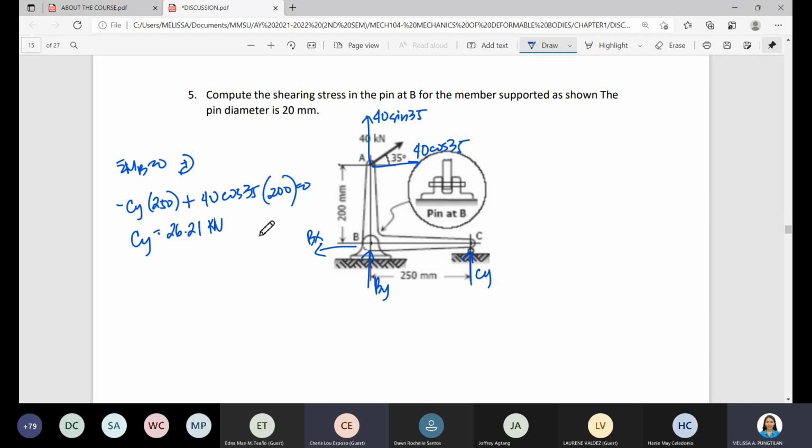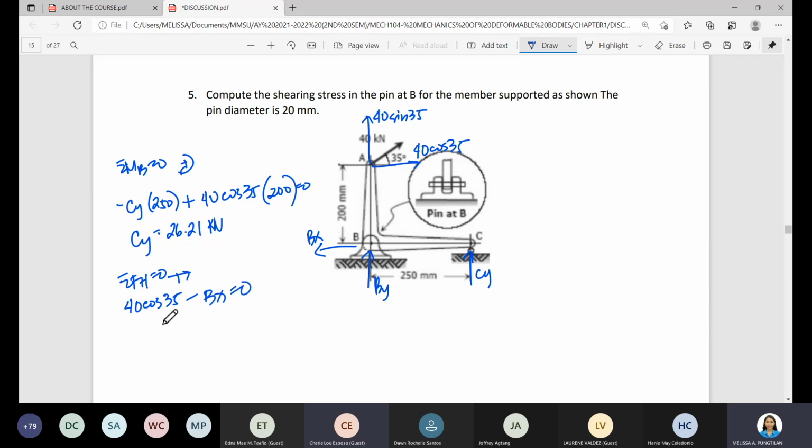Taking the summation of forces, horizontal, equal to 0, to the right as positive, we have 40 cosine of 35 minus Bx equal to 0.